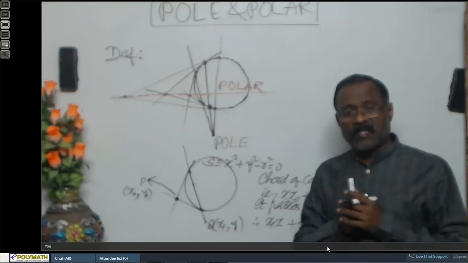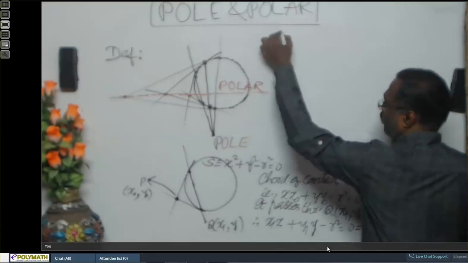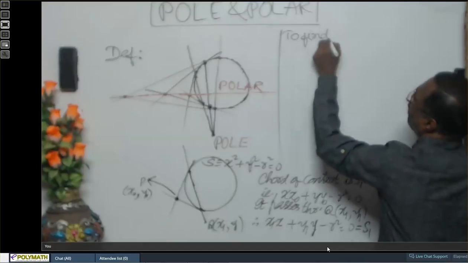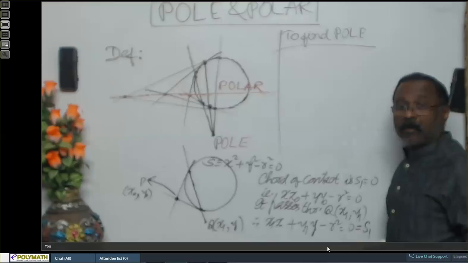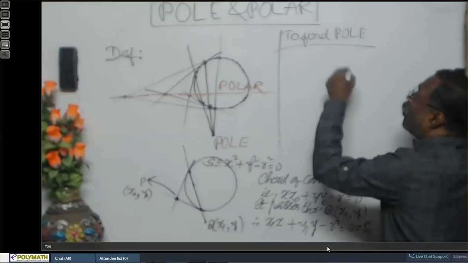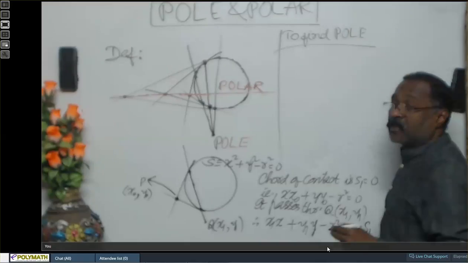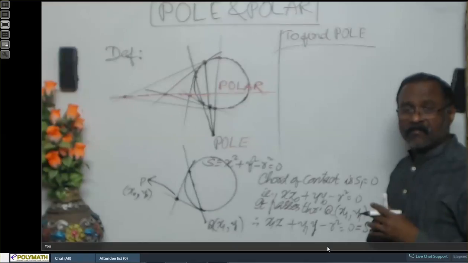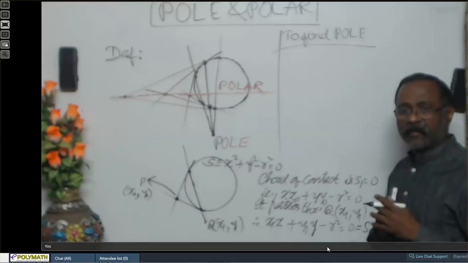What I mean to say here is, if you are given a line and asked to find the pole of the given line with respect to a given curve, I have taken a simple curve here, but you can have any curve of any size.